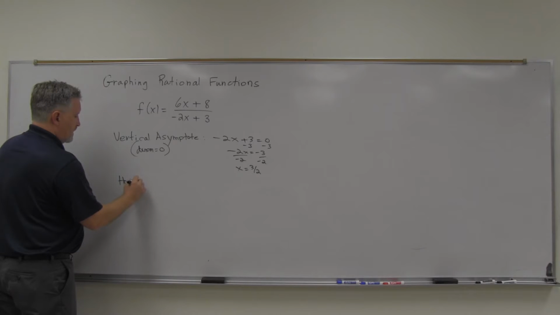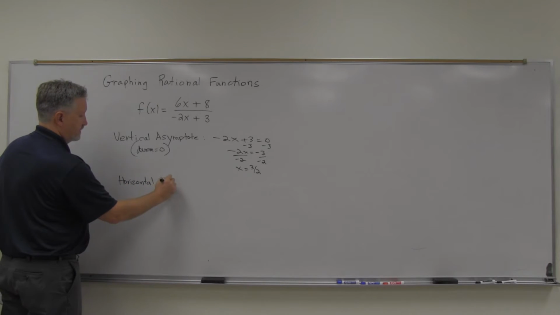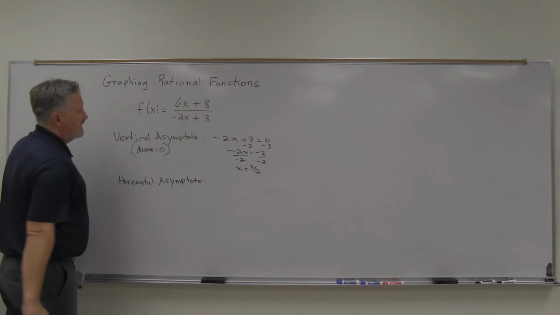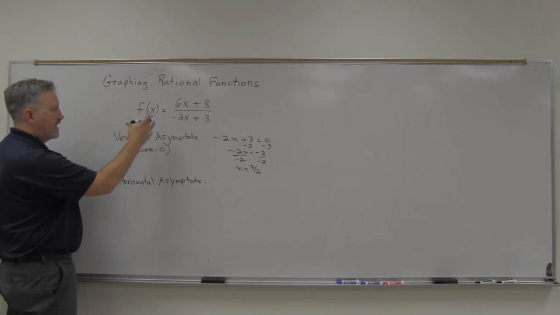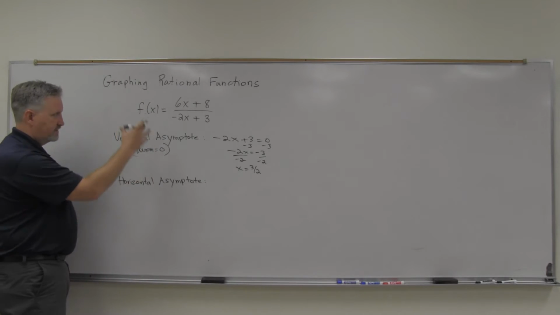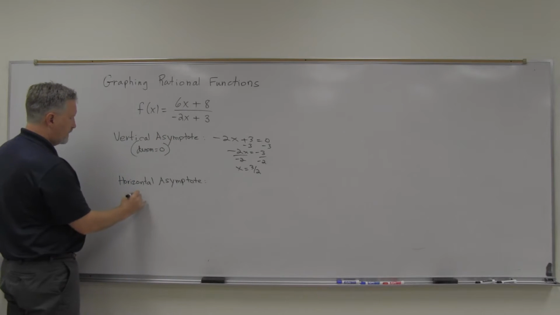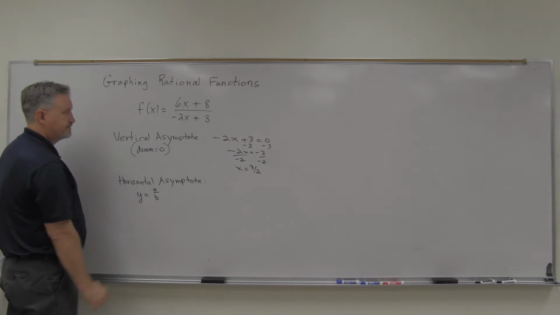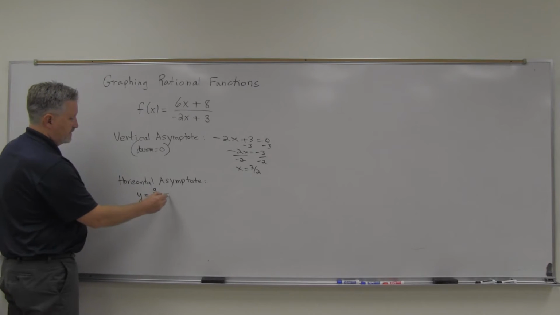All right, then we also mentioned, for ones like this, horizontal asymptote. And if you recall, to get the horizontal asymptote, if your degrees match like they do here, the degree of the top equals the degree of the bottom, we're just going to do a little equation, y equals a over b, where a and b are the leading terms of the top and the bottom.